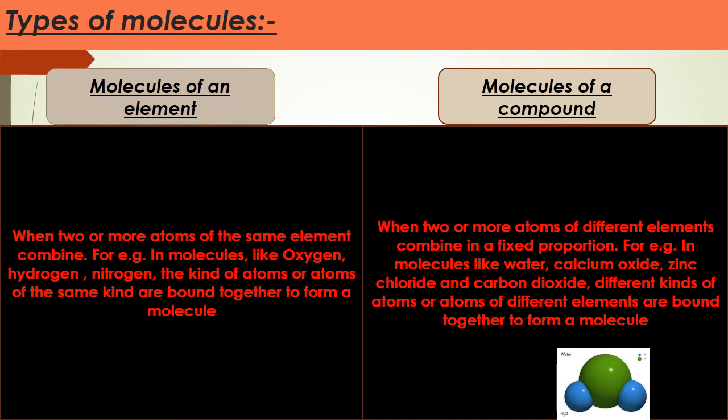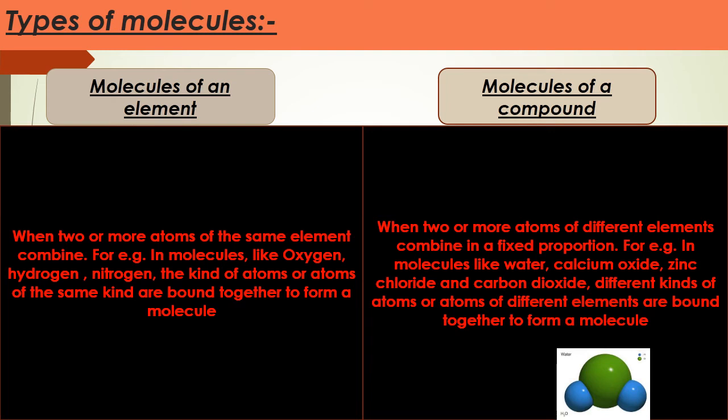Similarly, in nitrogen and chlorine also, atoms of the same element are bound together to form a molecule. The other type is the molecule of a compound. In this, two or more atoms of different elements combine, and the ratio is also fixed.